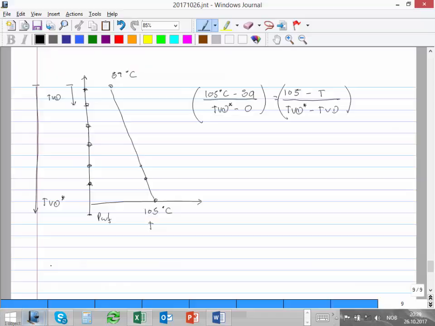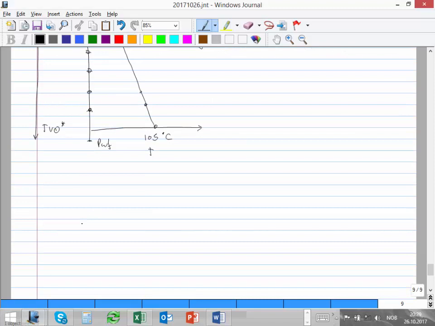Let me just recap. From the equilibrium analysis, PWF of equilibrium was 84.378 bar, and the wellhead pressure is 40 bar.